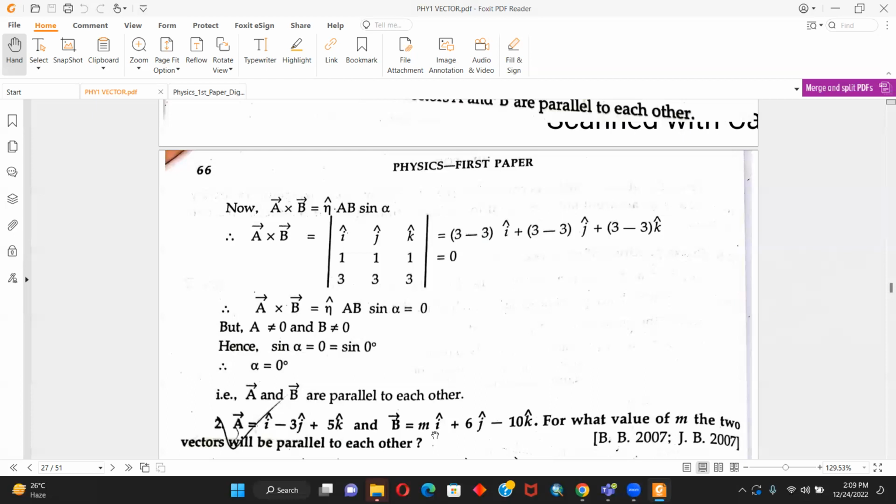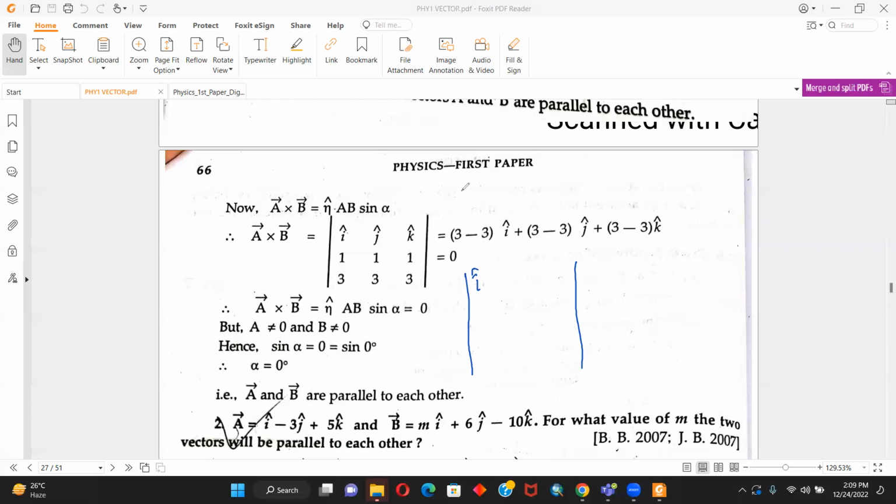I feel like I'm stuck. What did you do? So I've written it out as i cap open bracket 30 minus 30.